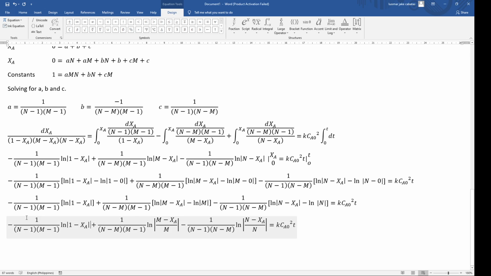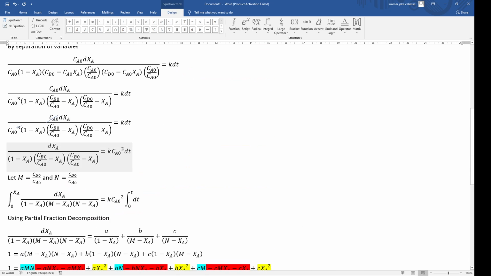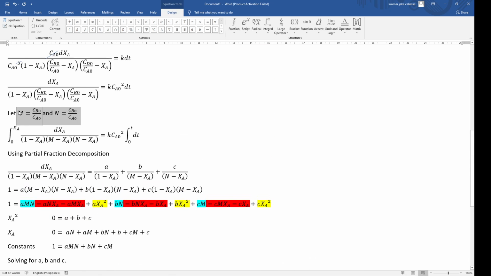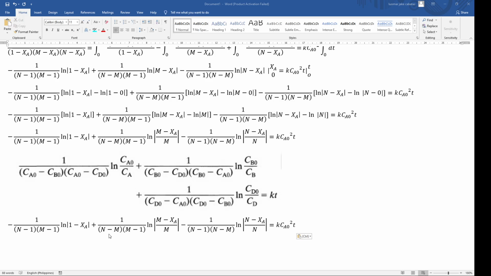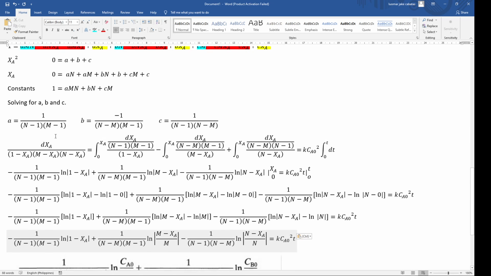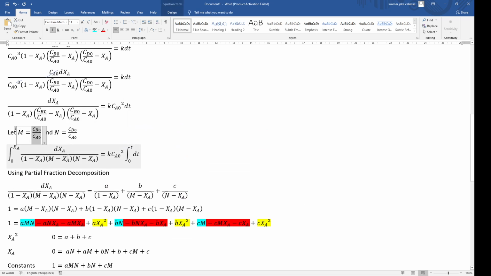So we need to do some simplifications, and then we have to substitute back this m is equal to CBO over CAO, and for n is CDO over CAO. So first you need to see what is in the Levenspiel book. So what we need to do is just again substitute back this to our equation.